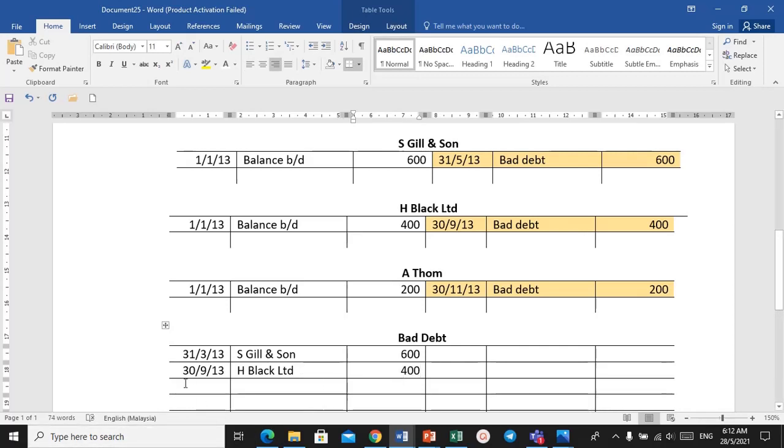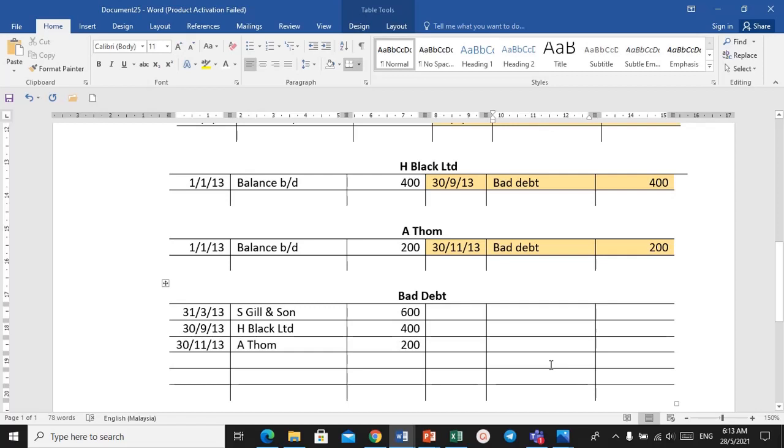And last would be for Atom, 30 of November, 200. Okay. So this is the debit entry for bad debt account.